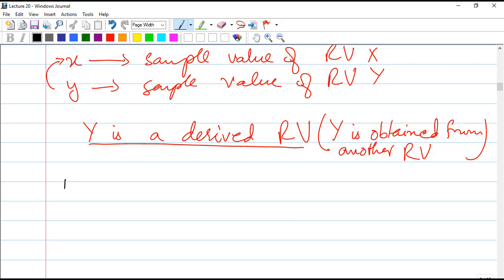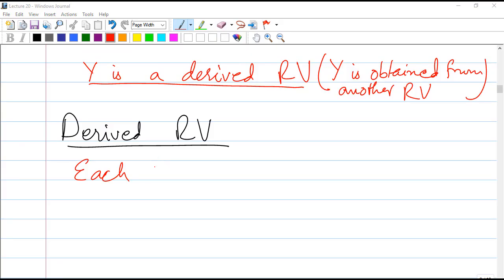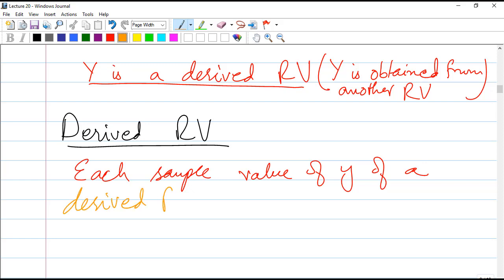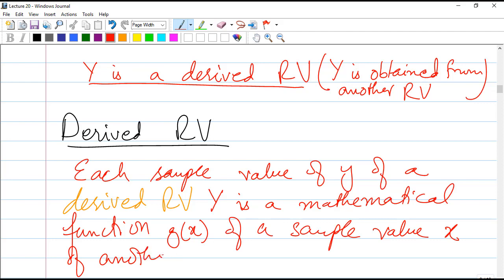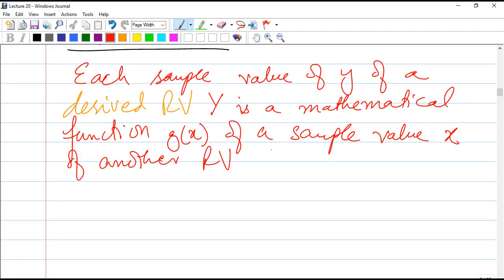So we can formally define this derived random variable. Each sample value y of a derived random variable y is a mathematical function g of x of a sample value x of another random variable x.